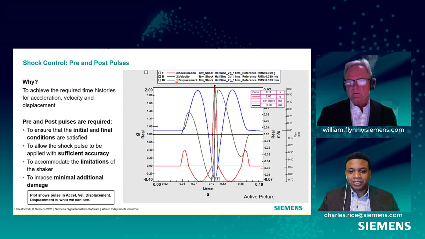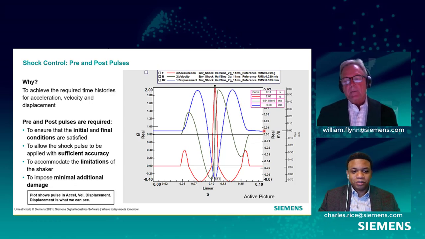And that is what? Displacement. Displacement, right? So what you see is going to be different than what you are measuring and controlling to, acceleration, but when you look at it, you're actually seeing displacement. So I thought it's kind of interesting. Good point. Yeah, that is a good point.